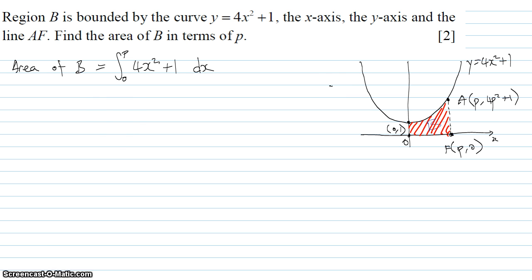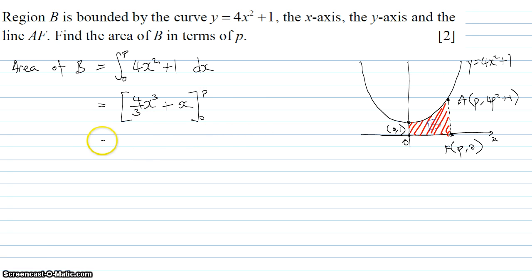So actually, we know how to do this. This isn't too bad. This is 4x², so you increase the power by 1, divide by the new power. You get 4 over 3 x³, and 1 will just become x. Lower bound is 0, upper bound is p.